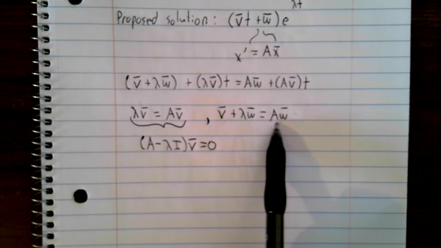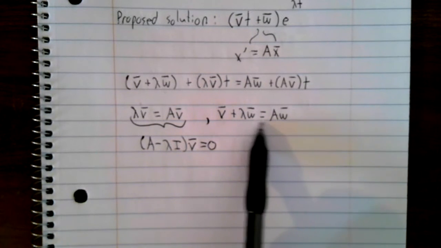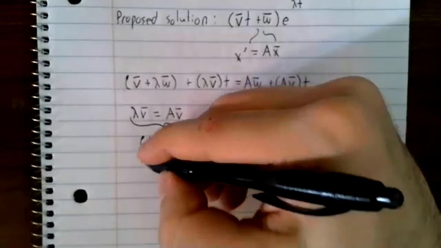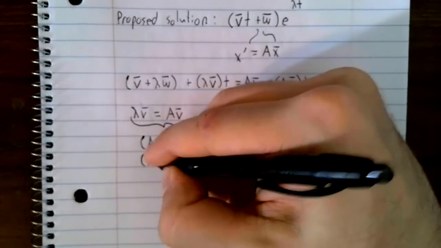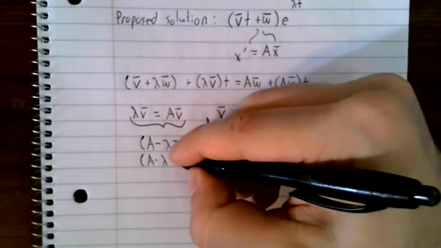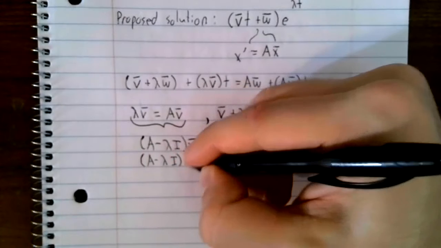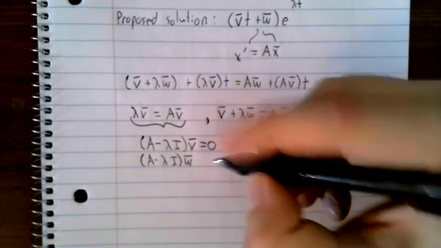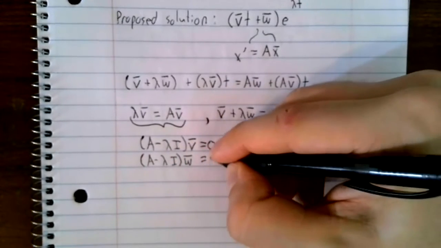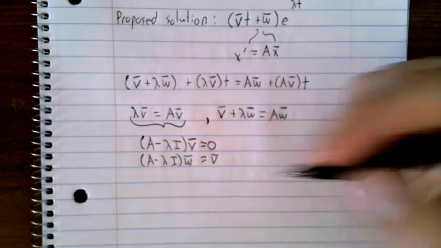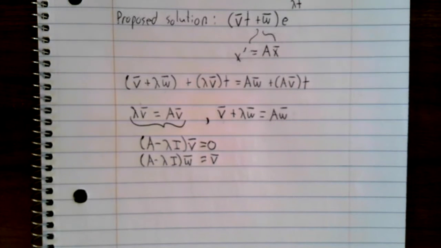This condition can be rewritten (A minus lambda I) times w equals v.